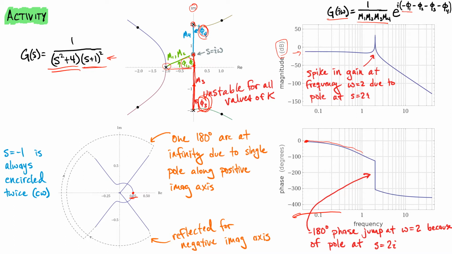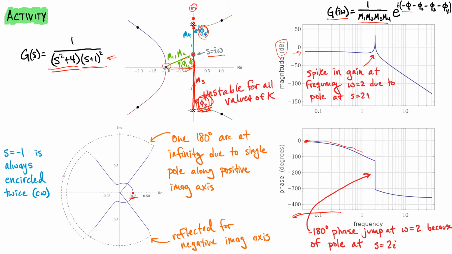And then when this S point at the omega value jumps over the value of 2, we jump from phi4 being a minus 90 to phi4 being a plus 90. Otherwise, these vary continuously, and phi3 stays at plus 90.